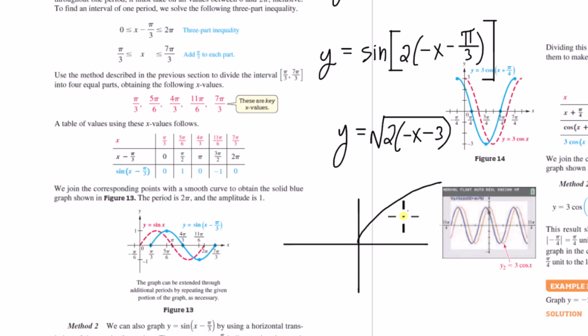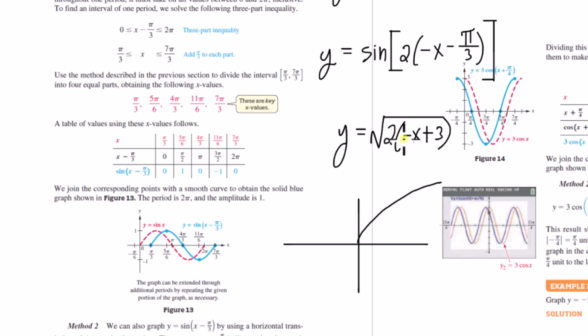Previously I factored out a minus, so it was minus 2 times x minus 3.